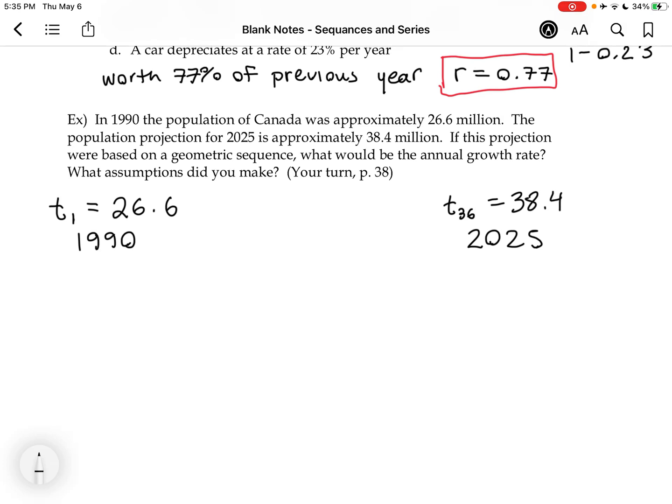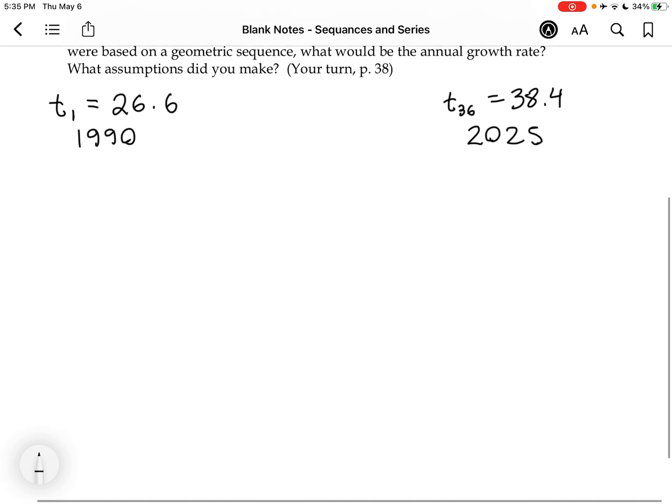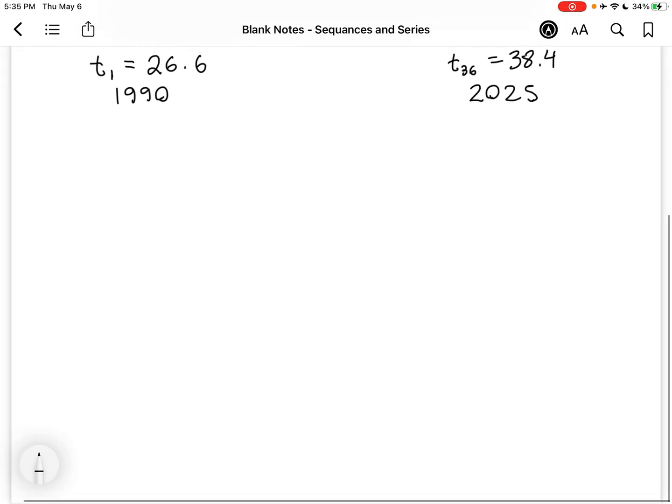equals 38.4. It's almost like, and this is a bit of a tangent, I don't know if you guys have ever done the fence post versus fence panel problem.